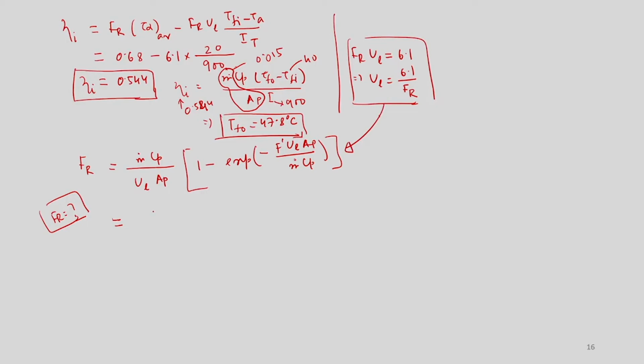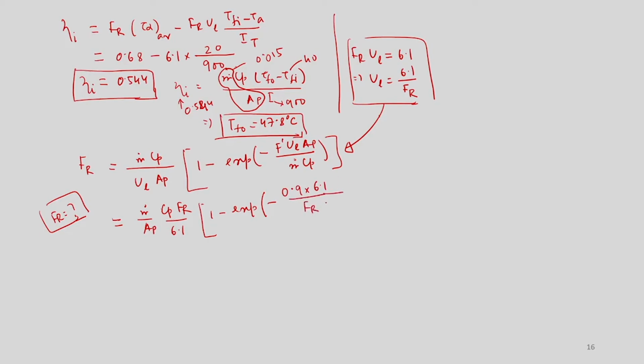Then what will happen? M dot by AP is known to us, then UL will be 6.1 by FR. So, this CP will be there, FR will be here, and then we have 6.1, and similarly in this expression, minus F, this value is known to us, it is 0.9, and UL is nothing but 6.1 divided by FR.